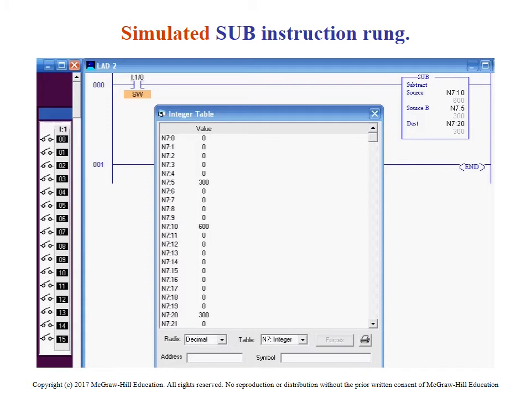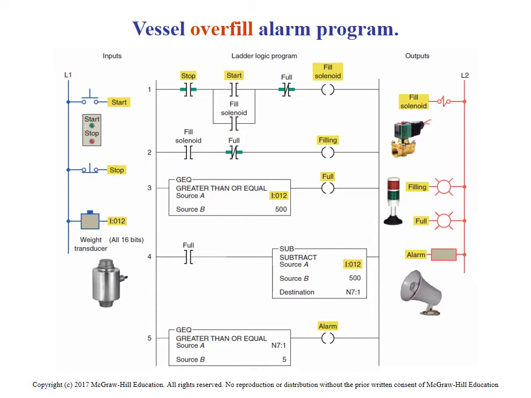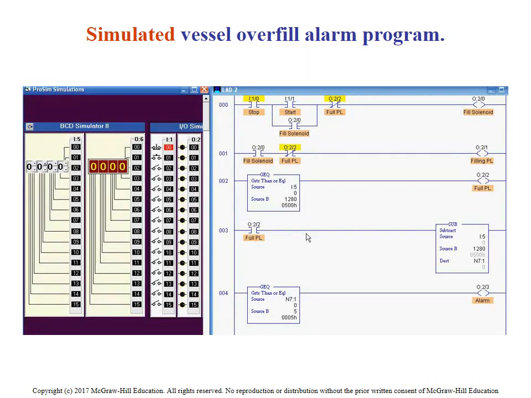Okay, looks like we're done with that. And now we're looking at another application where we could use a subtract. They're subtracting the source, I012, from 500 and placing it in N7:1. Let's see how this whole thing plays out.